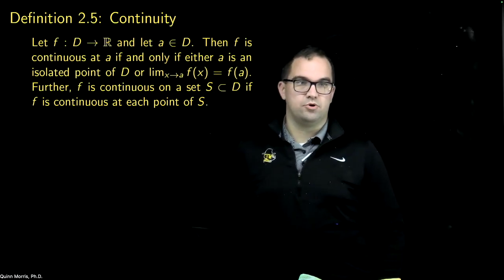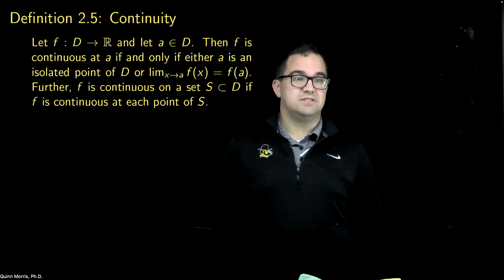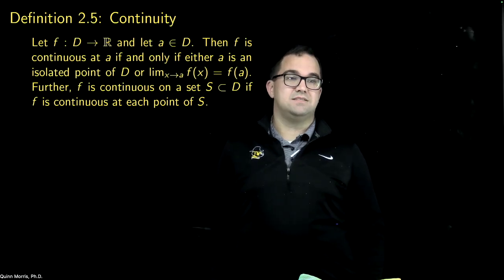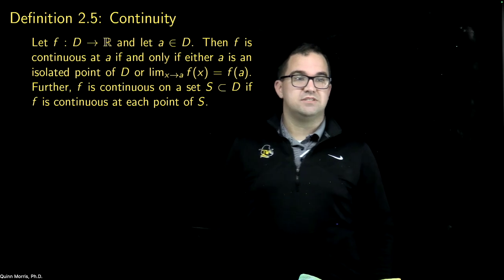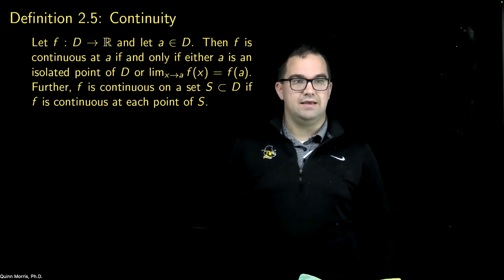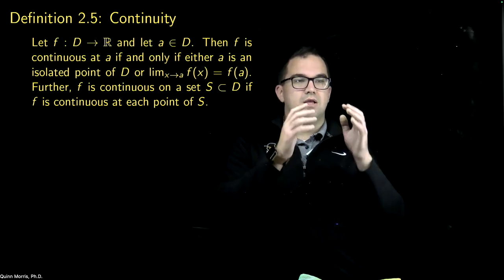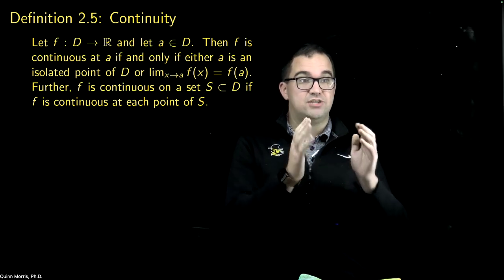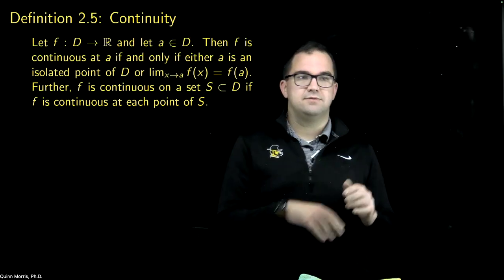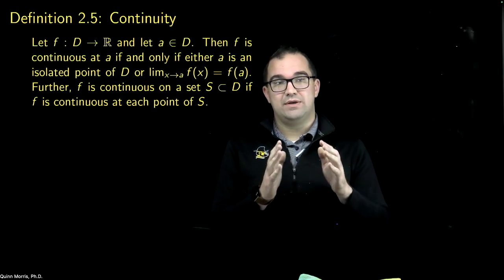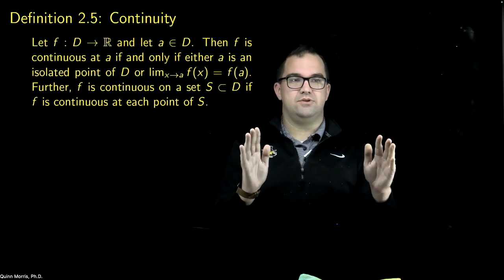Further, and this is really just some terminology, we say a function f is continuous on a subset S of the domain if f is continuous at each point of S. Okay. So the whole idea here for continuity is essentially, let's keep it the same at accumulation points where we can talk about limits. At isolated points, just define it to be continuous.